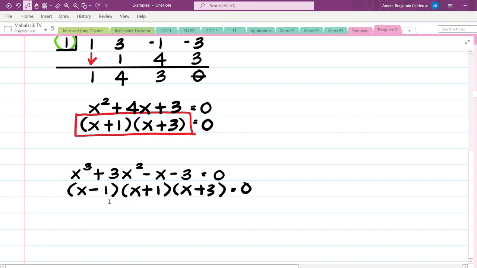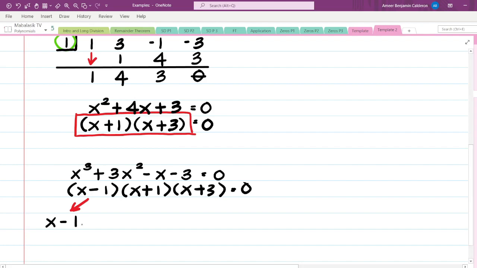Now, let us observe the factors. Do we have similar factors? No, we don't have similar factors. So we won't have any multiplicities. All of our factors just have a multiplicity of 1. Therefore, we can now apply the zero product property and equate each factor to 0.